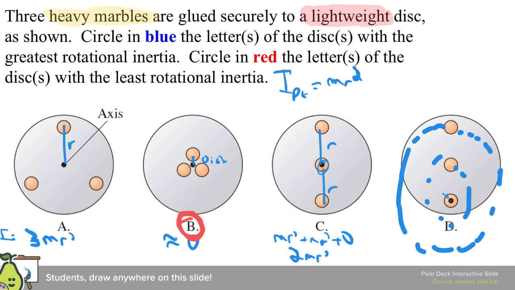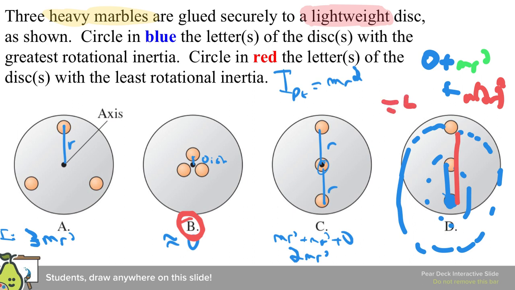For the first one, it might be 0, because this guy is at the origin, so r equals 0. And then this guy pulls up mr squared. But this one pulls up m(2r) squared. And if we look at that, that's mr squared plus 4mr squared, or 5mr squared, meaning this is way more even than A. So this guy gets the blue circle.